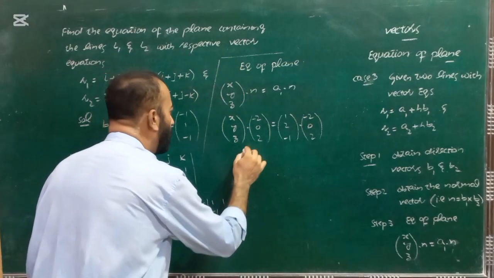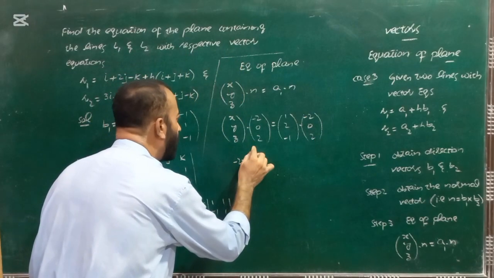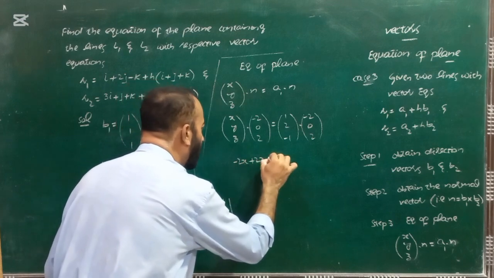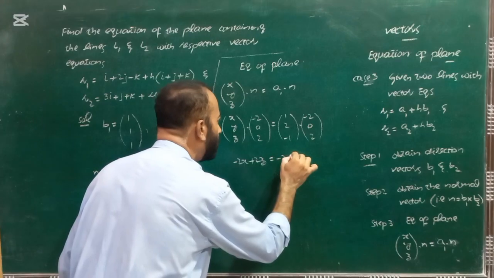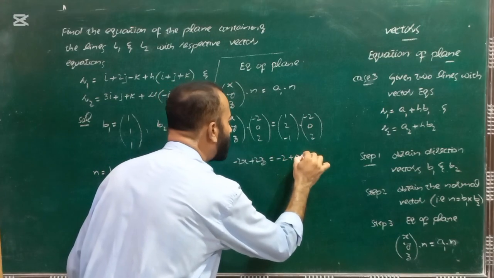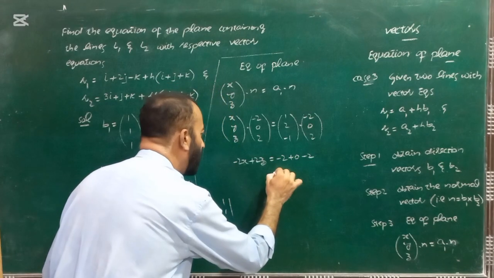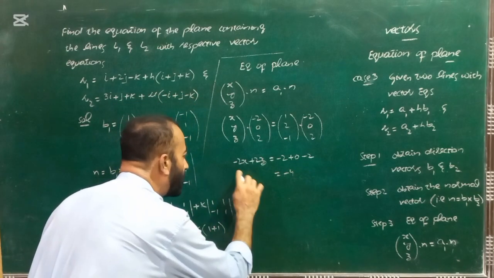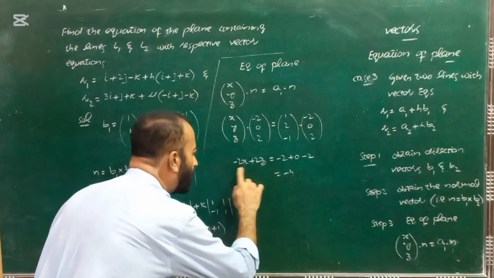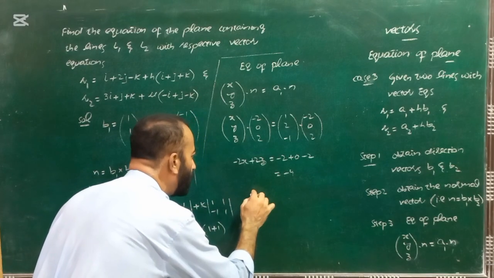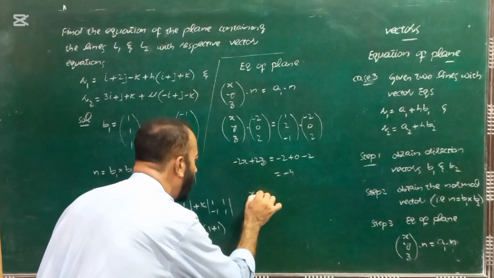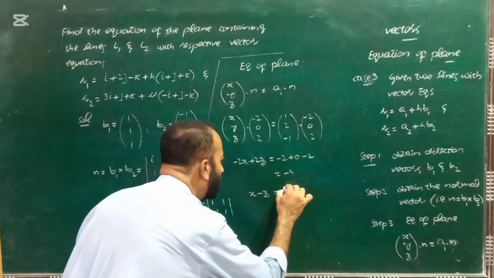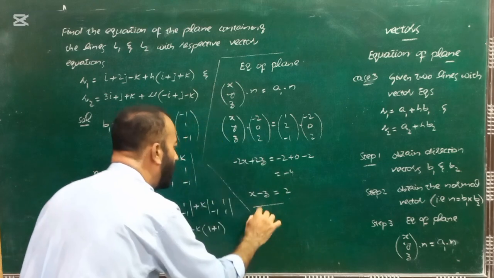From here solve: minus 2x plus 0y and plus 2z equal to minus 2 plus 0 minus 2, so that will equal minus 4. Taking minus 2 common from the left hand side and from the right hand side and pushing it towards the right side, x minus z will be equal to 2. So this is the equation of the plane.